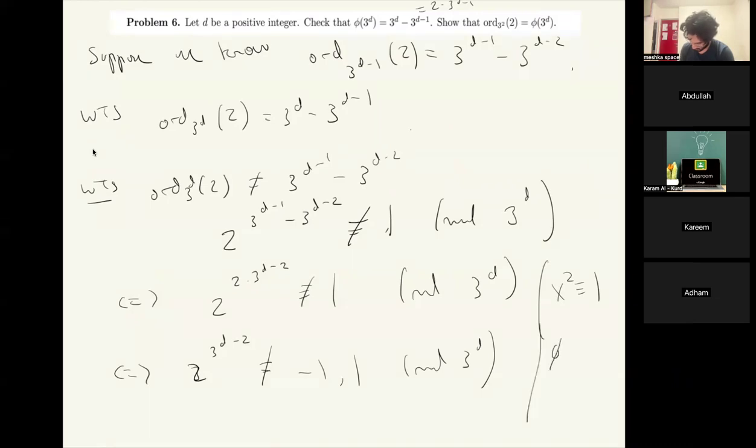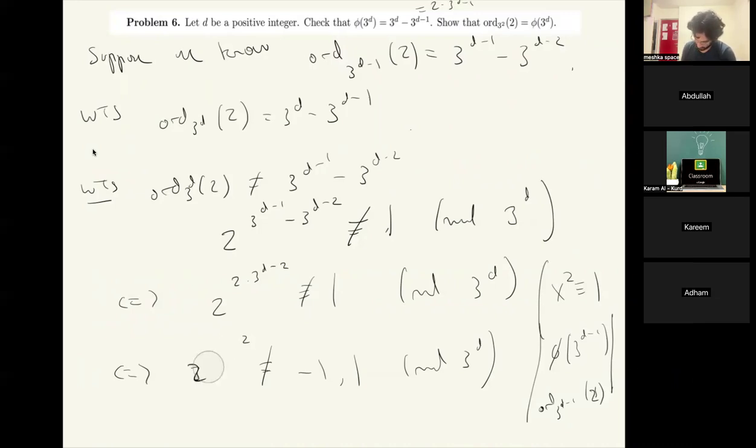So if we suppose that 2 to the 3 to the d minus 2 is congruent to 1 mod 3 to the d, then the order mod 3 to the d minus 1 divides 3 to the d minus 2.